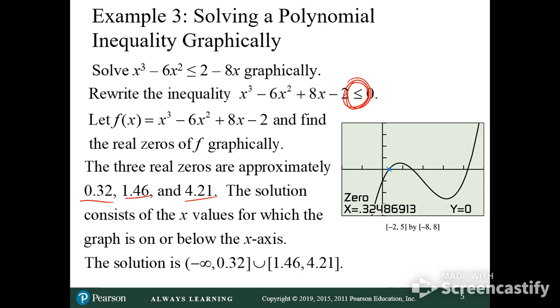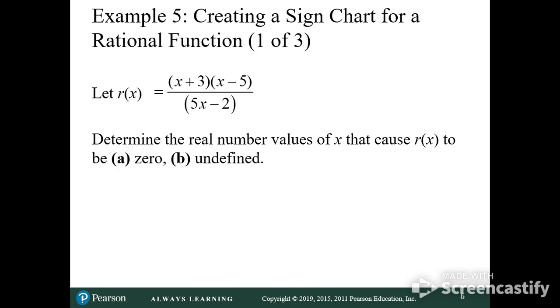Where is this below the x-axis, in other words? Well, from -infinity up to 0.32 right there. And then from the next point, 1.46 up to 4.21. And use brackets because it's less than or equal to, because that's the equal to part. So if you're told to use a graphing calculator, that's what you do.